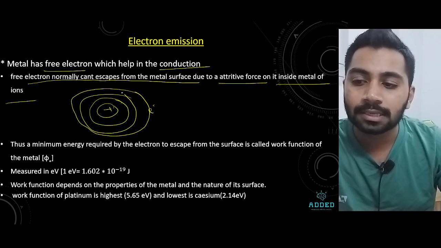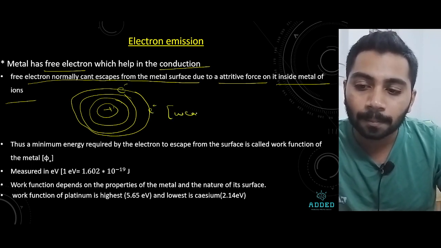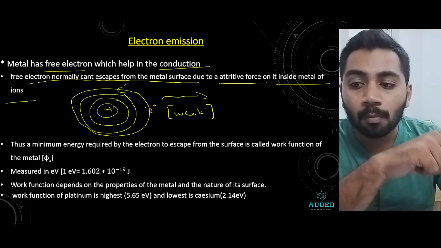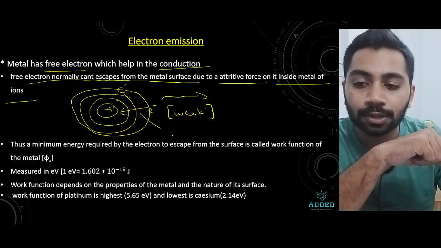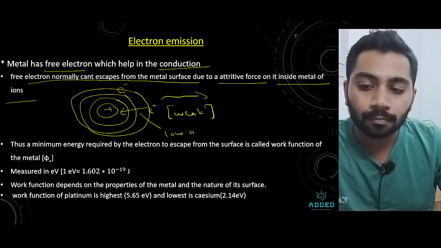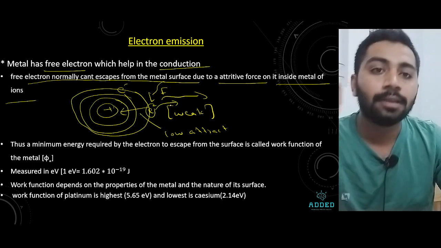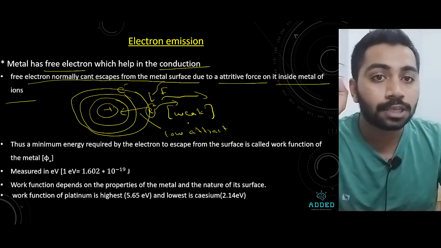Now this outer shell is weakly bound. It tries to come outside, but it won't due to this low attraction. Now when you apply some minimum energy so that it can break free and come outside, that energy is called your work function.